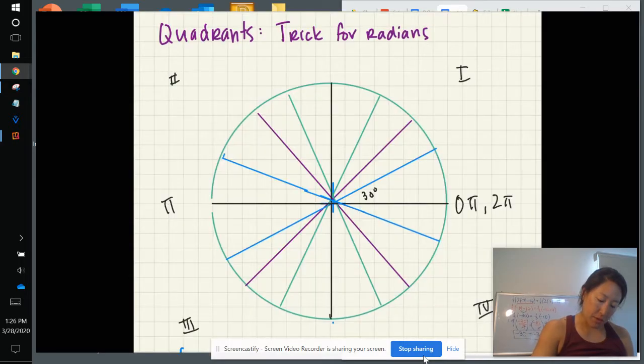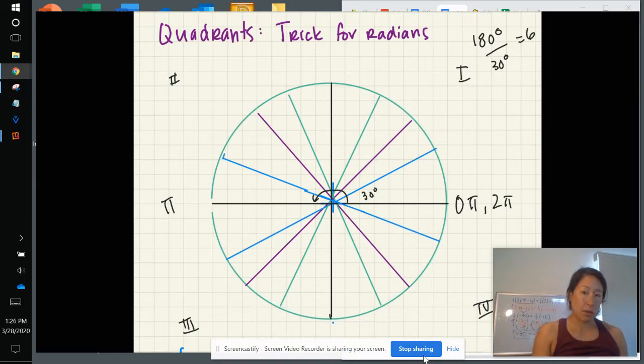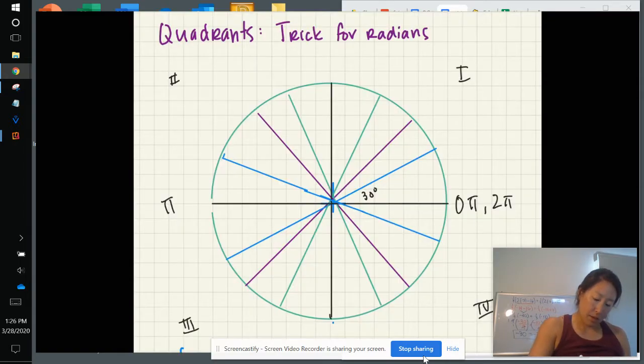If I took half the circle, 180 degrees, and divided it by 30, I would get 6 wedges. So this angle right here is equal to pi over 6, because there's 6 30-degree angles. 1, 2, 3, that's 90, 120, 150, 180 in that top half of the circle. So there's 6 30-degree angles.